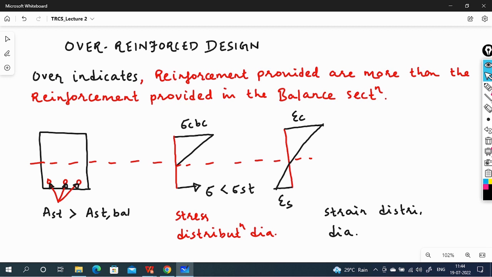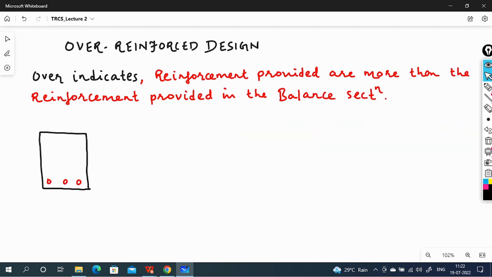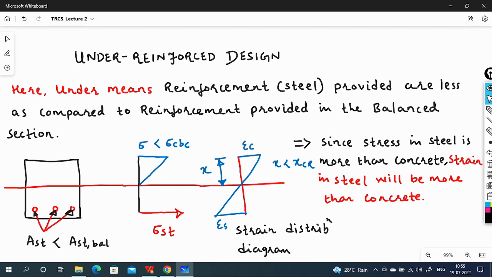Here the strain in the concrete will be more, and the strain in the steel will be less as compared to the balanced section. And now you see the triangular portion above the neutral axis is more, and the triangular portion below the neutral axis is less, indicating that the neutral axis is shifting downward. Here the depth of the neutral axis is more than x balance. In case of under reinforced, it is less than x balance, x critical.